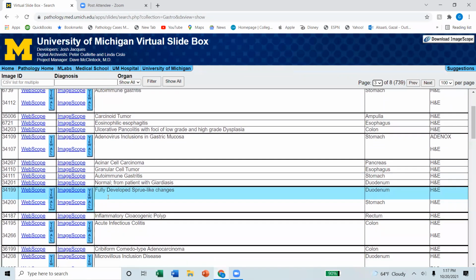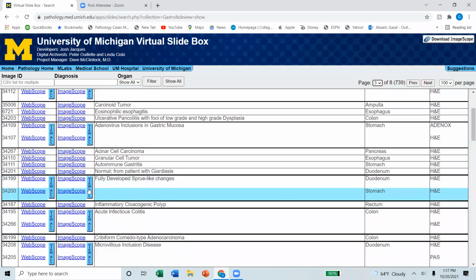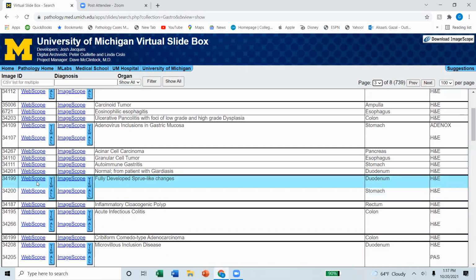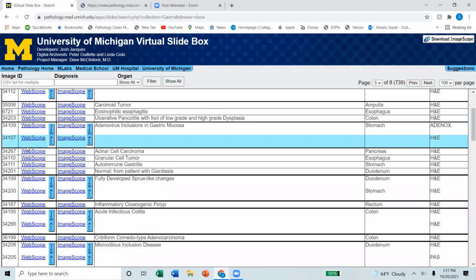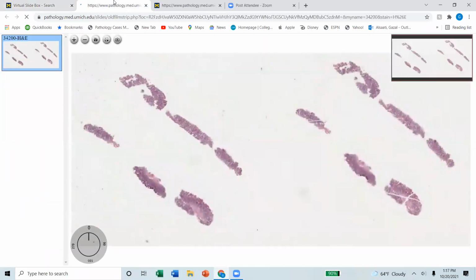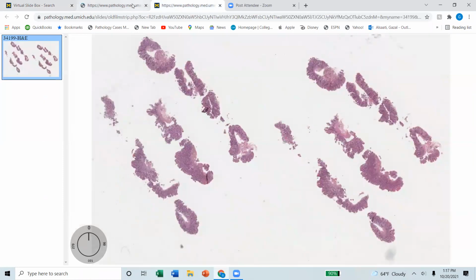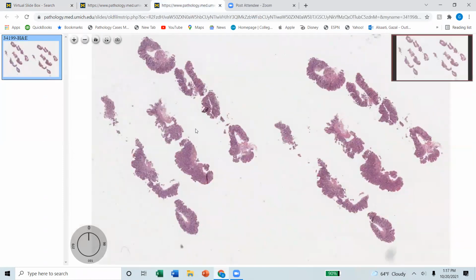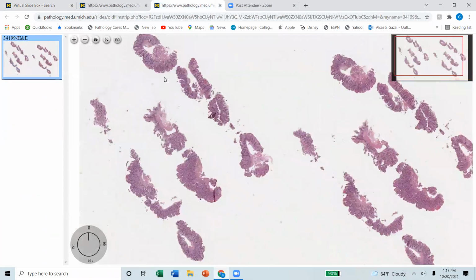You see the normal formation. Okay, now we're going to do the fully developed changes. I see they have two images here, and I'll open both to see if they're both H&E. Yes, they're both H&E, but they're not the same, so he has two examples. Let's see, low power.